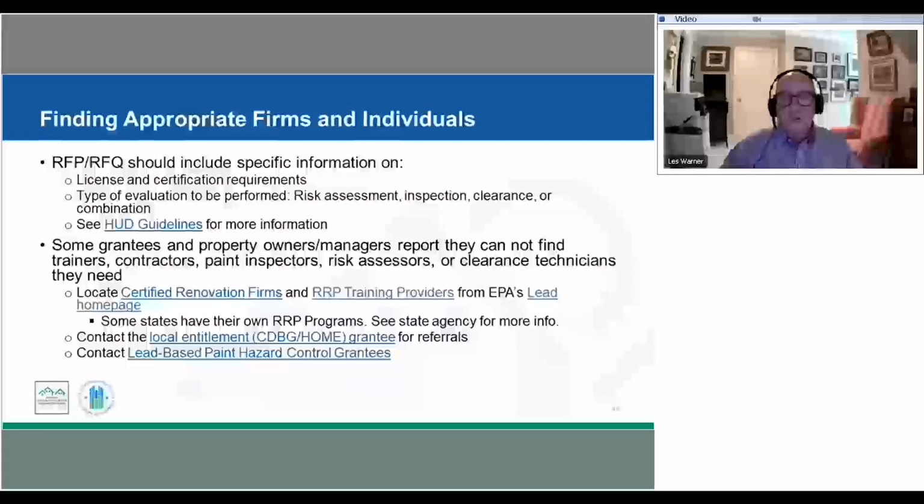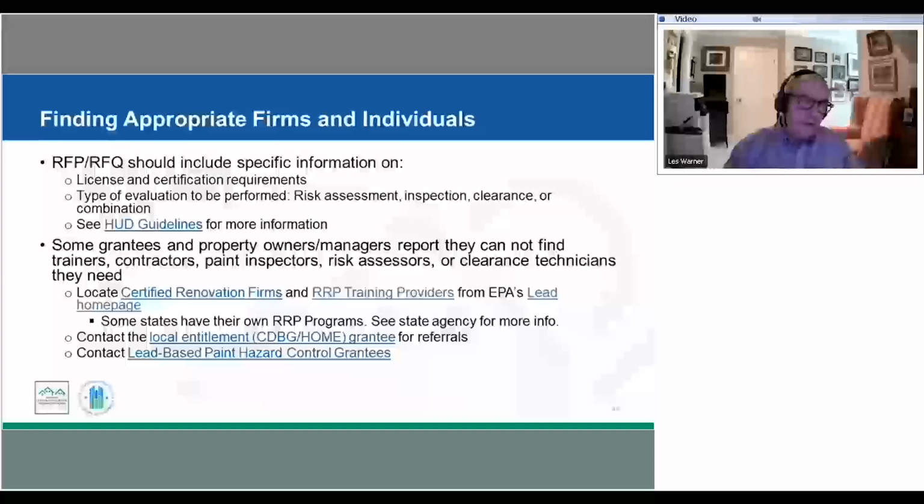So in those cases, those grantees will already have identified certified contractors in your area. They may not only have identified training providers, but in some cases have training programs that they are sponsoring in the area. And so by making contacts with those local grantees, they may be a good resource for you, including, in some cases, having tracked the performance of some of the certified firms in the area and being able to give you some good information on that.